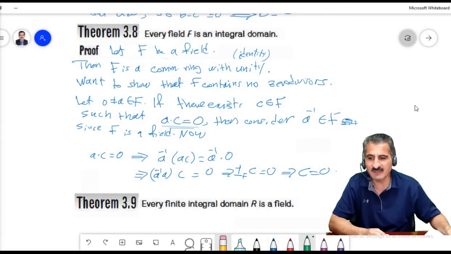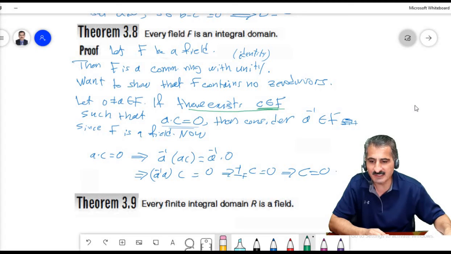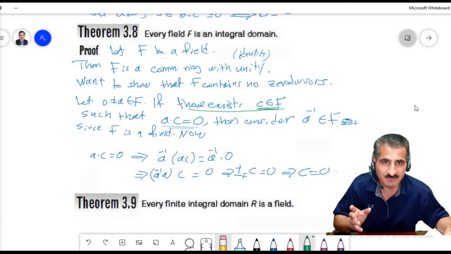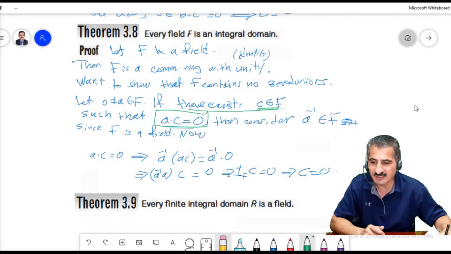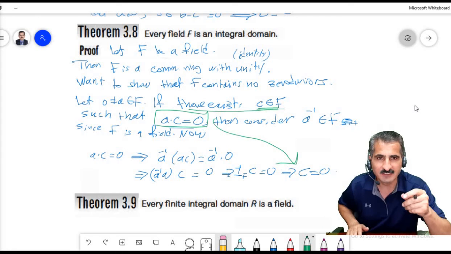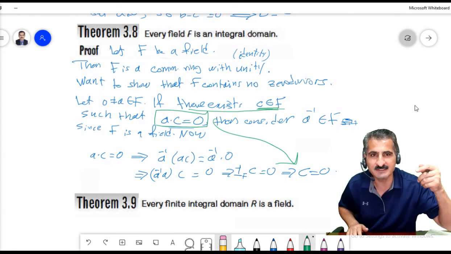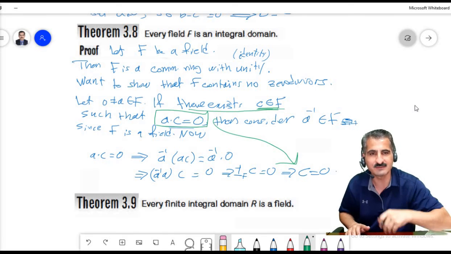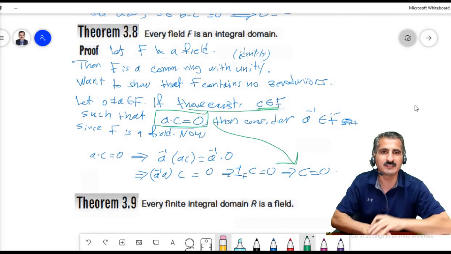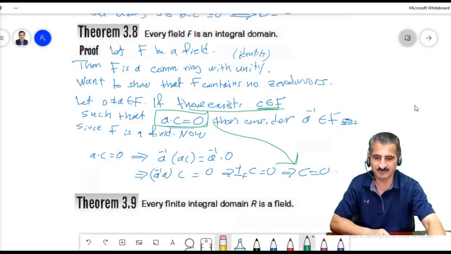So we assumed there is an element C in F that multiplies A to 0, and we showed that C was 0. This way you show A is a non-zero divisor.